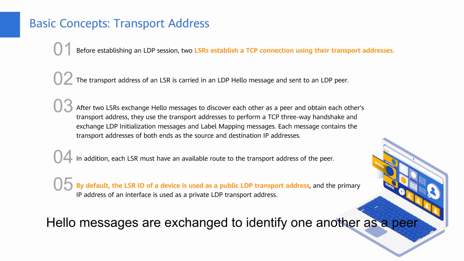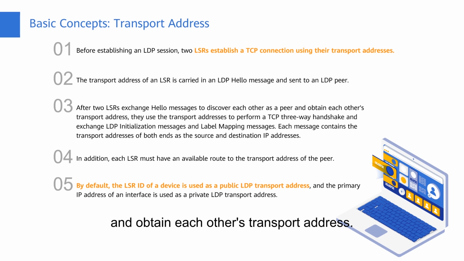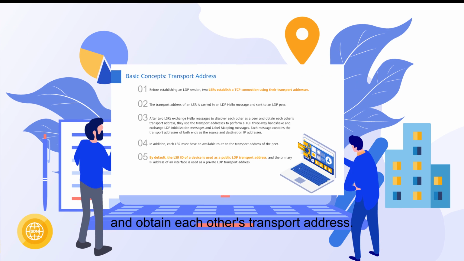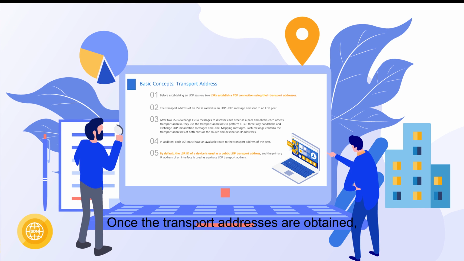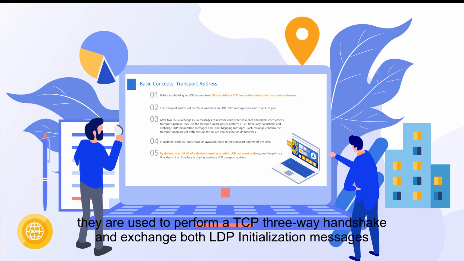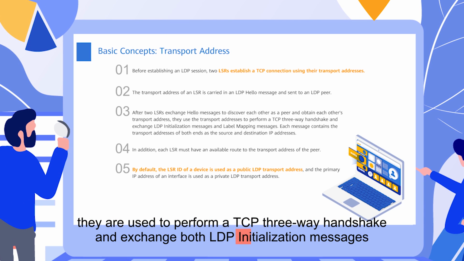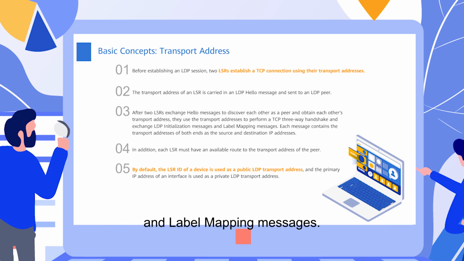Hello messages are exchanged to identify one another as a peer and obtain each other's transport address. Once the transport addresses are obtained, they are used to perform a TCP 3-way handshake and exchange both LDP initialization messages and label mapping messages.